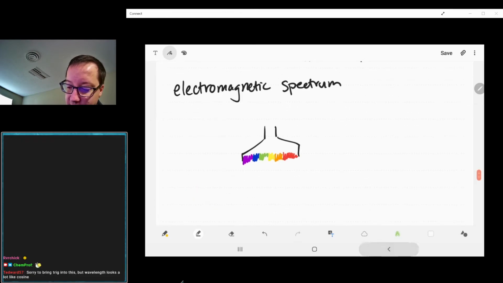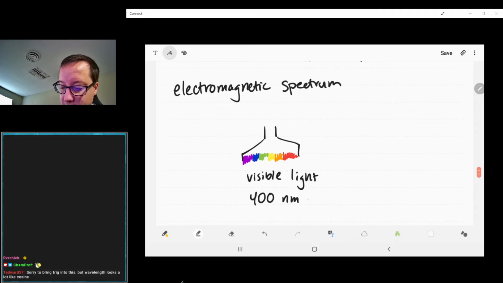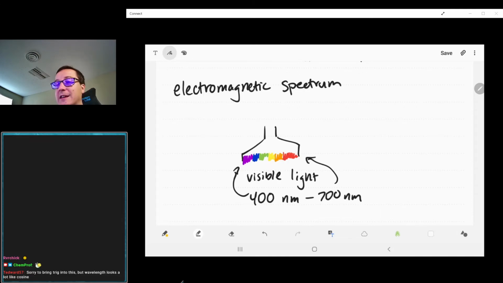The area of visible light that we see is roughly between 400 nanometers to 700 nanometers. That's the light that we can see. That's visible light, and it is all the colors of the rainbow. So we're going to see that purple light is going to be that 400 nanometer range, and the red will be the 700, and the others just kind of lie in between them.